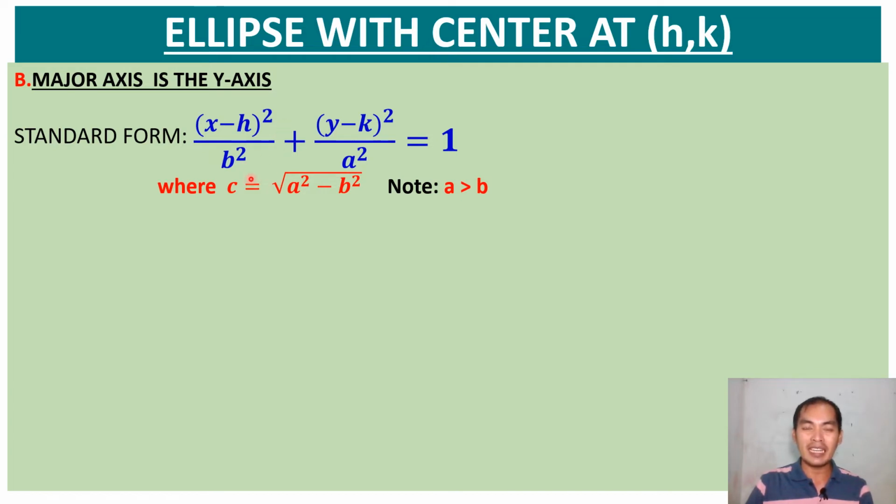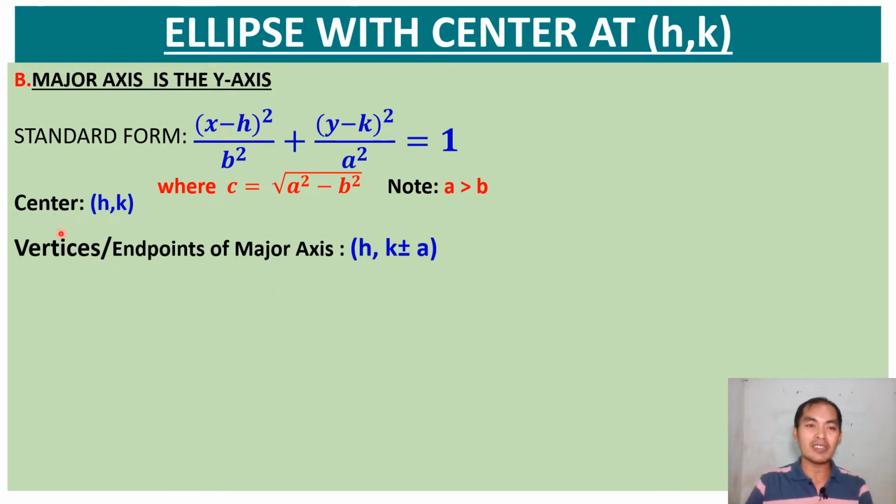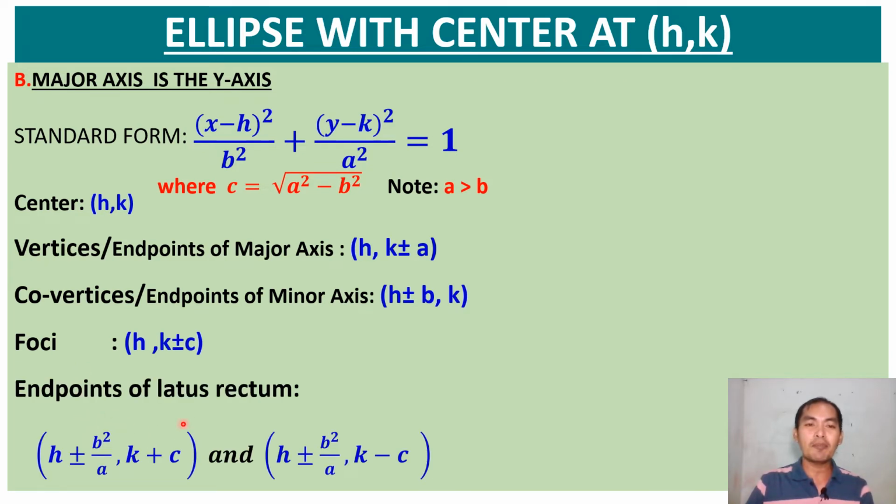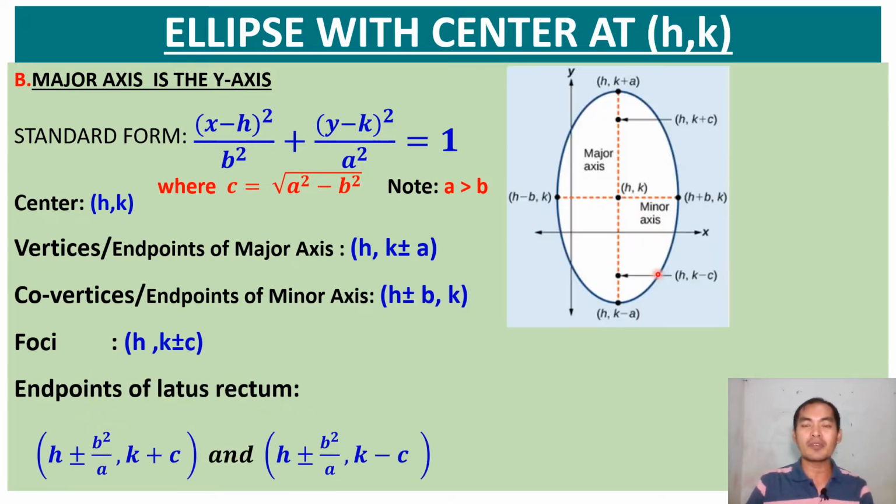So we have the same, where c is equal to the square root of a squared minus b squared. And take note that a is greater than b. And we have also the center, the vertices, the co-vertices, the foci, and the endpoints of the latus rectum. We have here a sample orientation of the graph.